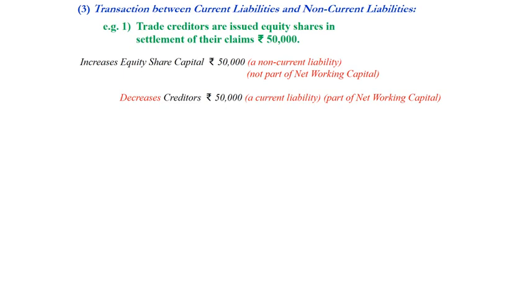Creditors are part of current liability. Current liability decreases, working capital gets affected by increase worth rupees 50,000. Current liabilities decrease, then working capital increases. Observe my words. Current liabilities decrease, then working capital increases.